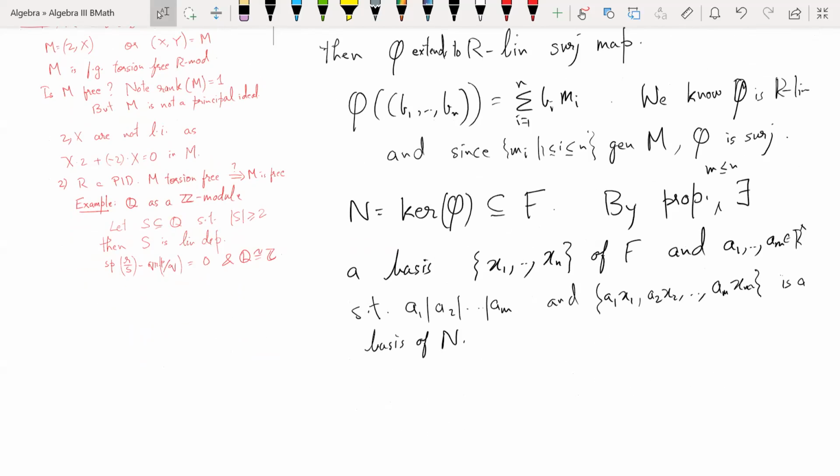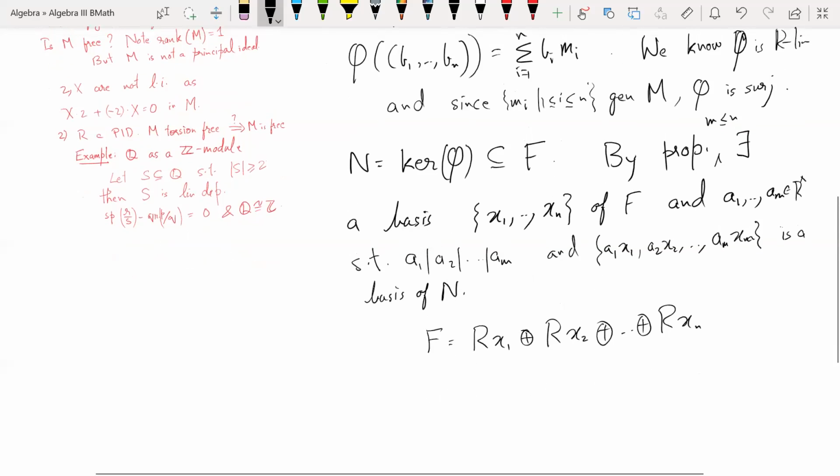So more explicitly, I can write F to be equal to R x1 plus R x2 plus up to R xn, and this happens to be a direct sum. It's an internal direct sum, because x1 to xn is a basis.